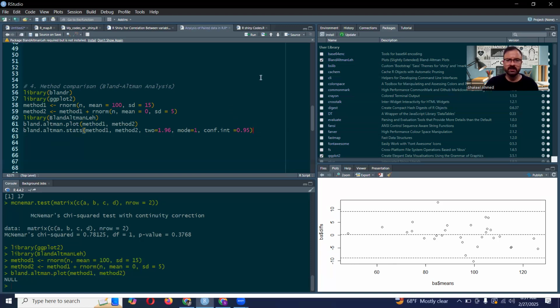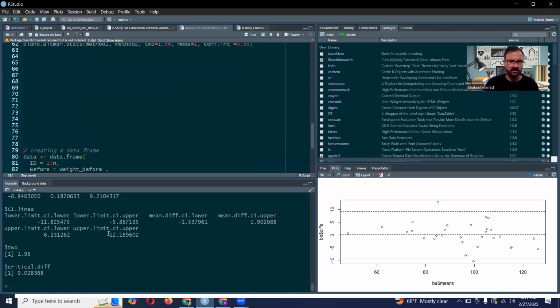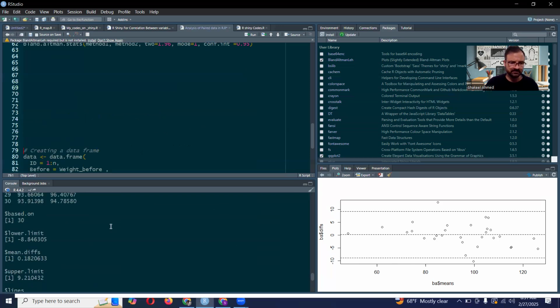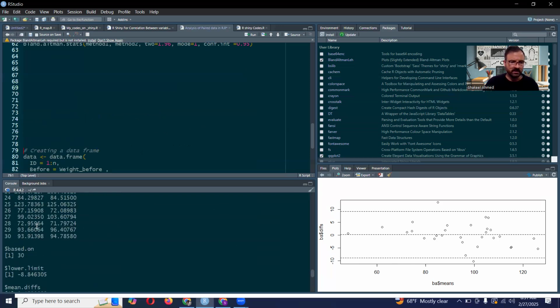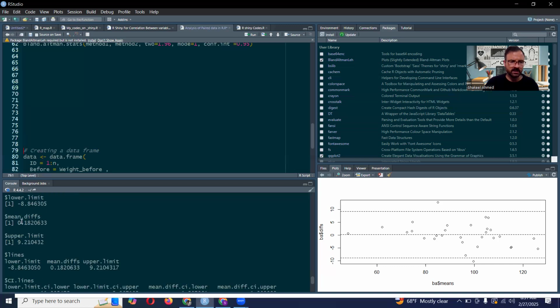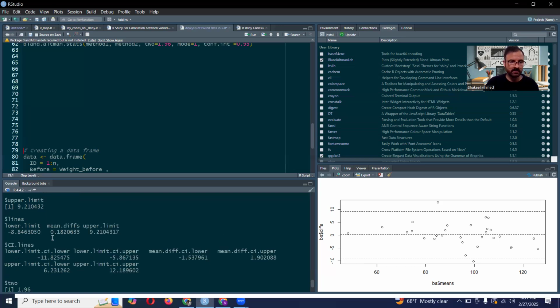We can also find a 95% confidence interval. We have 30 observations, and the lower limit is -8, that is here, and the upper limit is 9.2, that is here, and the three lines are the lower limit, the mean difference, and the upper limit.